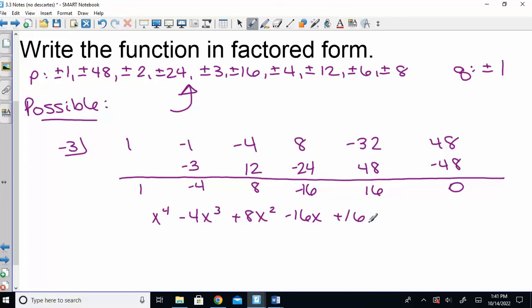So we're still trying to break this thing down. Looking at my graph, where else does it hit the axis? At 2. It kind of hits it and bounces off, but that still counts. So we're going to do synthetic again with a 2 this time.